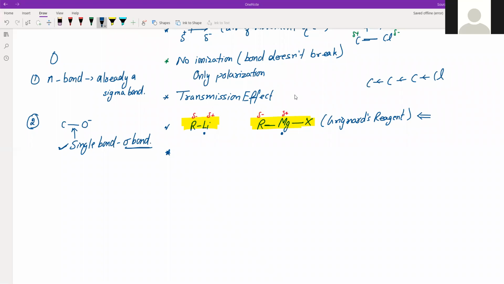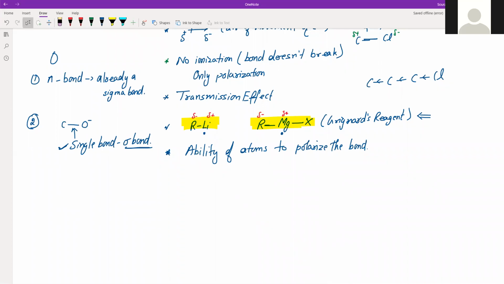So it depends on the ability of atoms to polarize the bond.